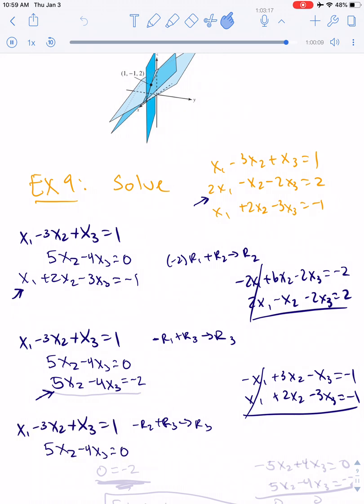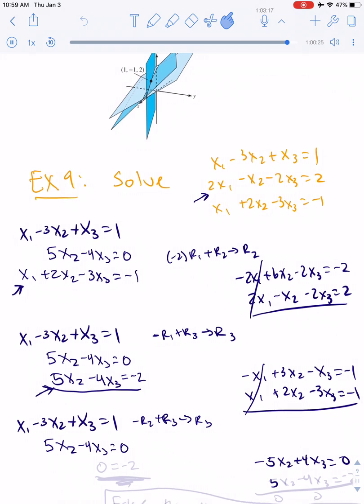Now my third row, if I add straight up and down, the first term will go away, 0. And then I have -5x2 plus 4x3, 5x2 minus 4x3 equals -2. If I add these, I'm going to get 0, 0, -2.